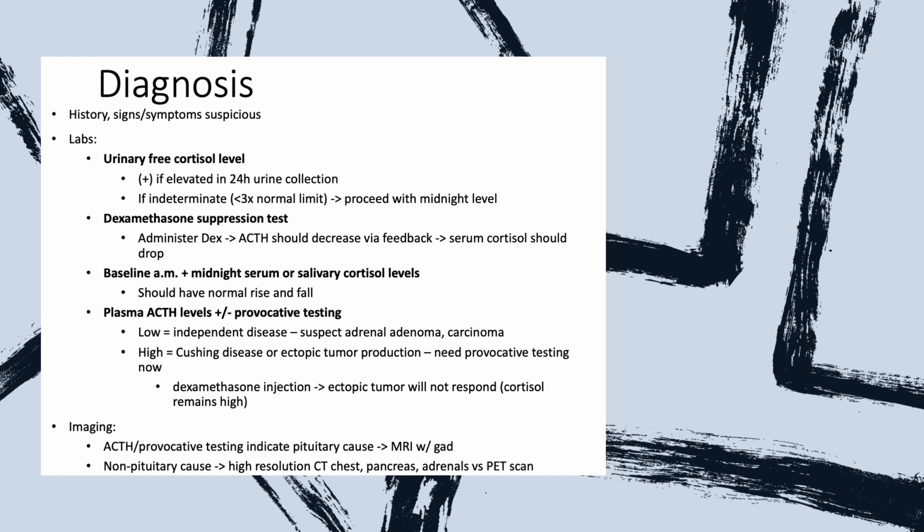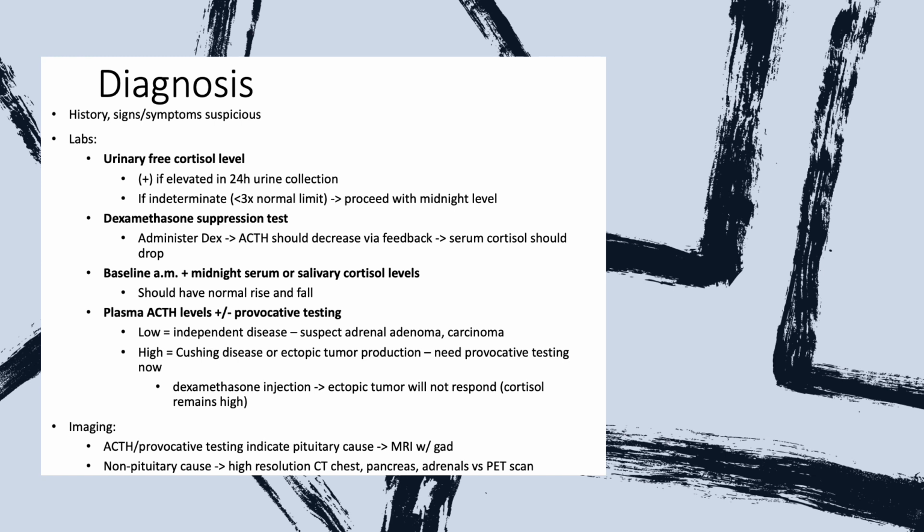So when we send off labs, we'll be looking at urinary free cortisol. This is a 24-hour urine collection that can be done many places. I feel like this is a very burdensome test to run. I'm not sure in practice if many people do this anymore, but they will look at the cortisol in that 24-hour collection, and if it's greater than 4 times the normal limit, it's a slam dunk diagnosis.